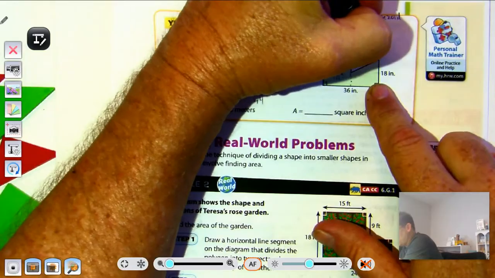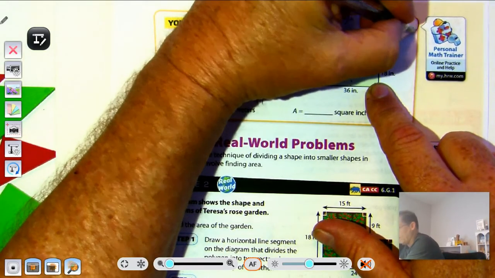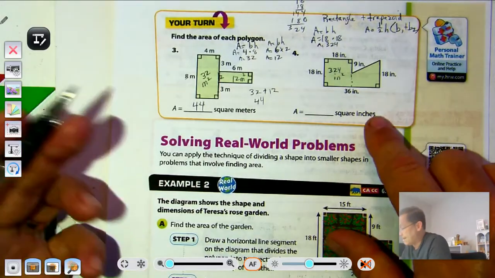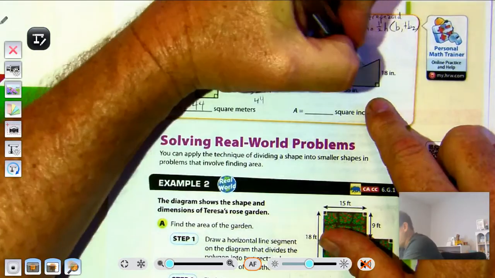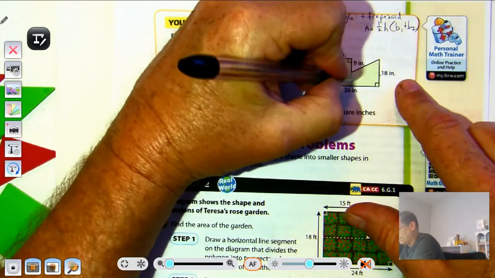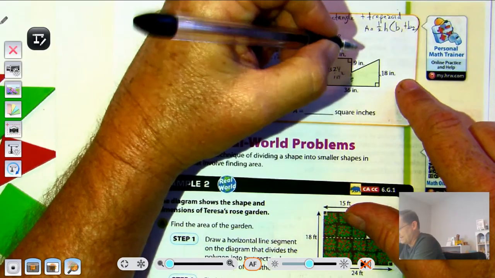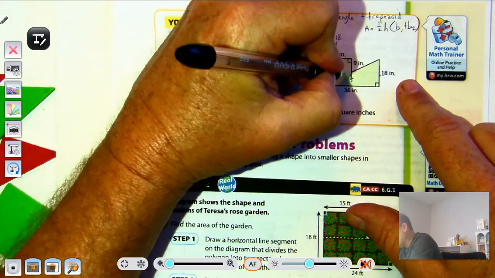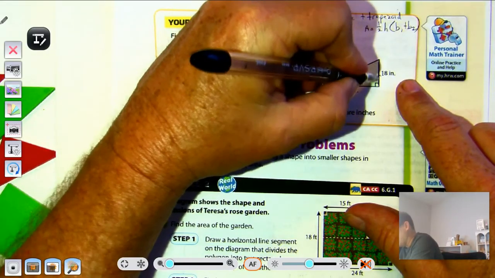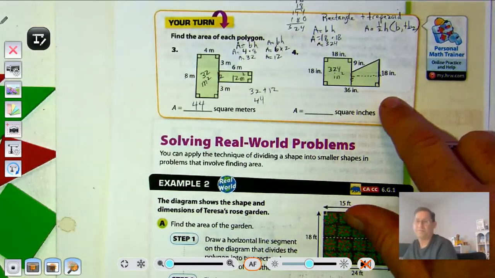Well, the trapezoid, 1/2 the height times the sum of base 1 and base 2. What's the height of our trapezoid? Well, this is a base and this is a base. So what's this space there?